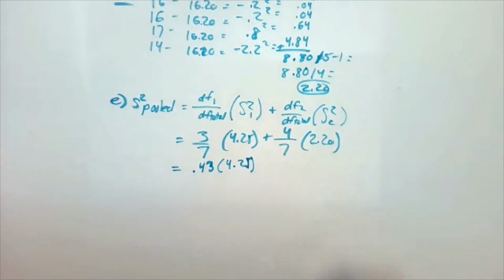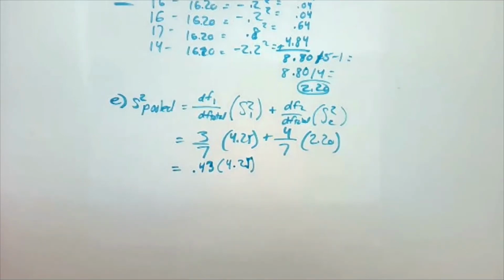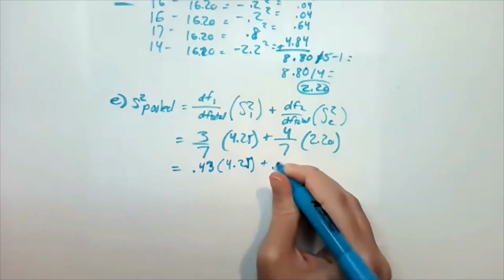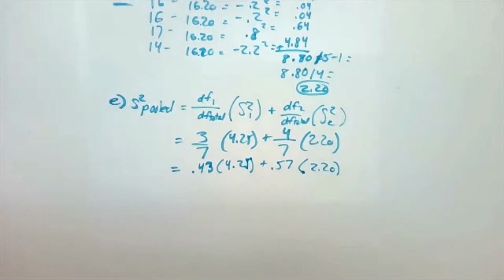Make sure I'm copying this over correctly. And so I have 0.43 times 4.25.